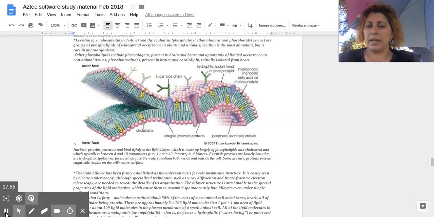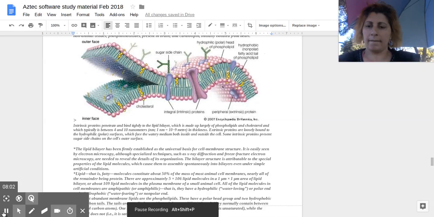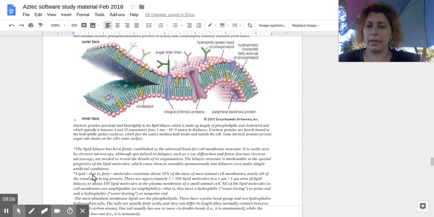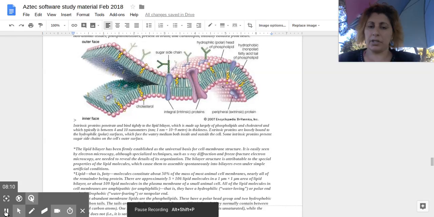The lipid bilayer has been established as the universal basis for cell membrane structure. It can be easily seen by an electron microscope. X-ray diffraction and freeze fracture electron microscopy are used to reveal details of the membrane's organization.